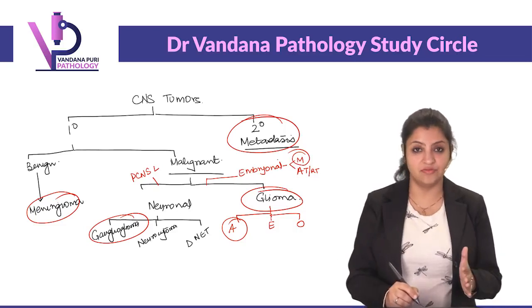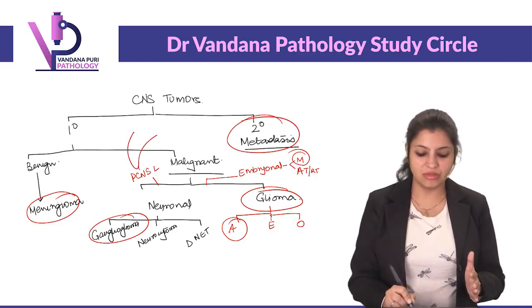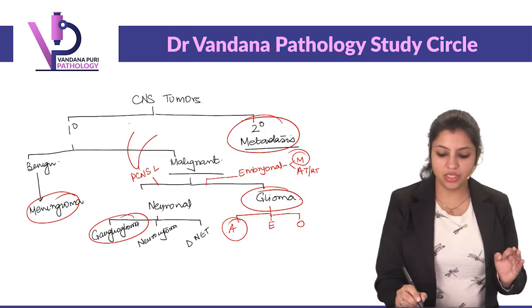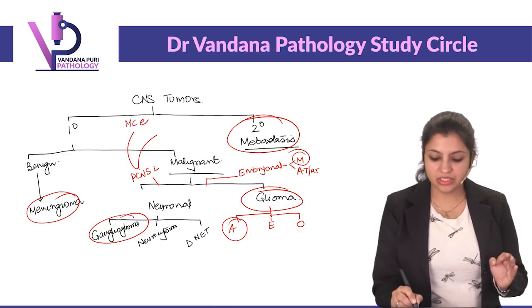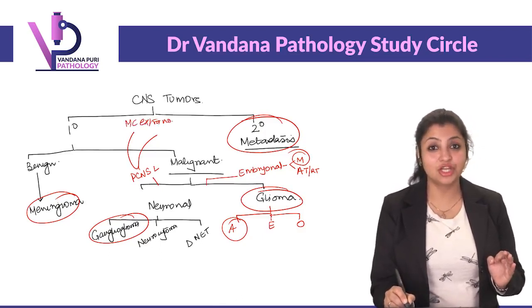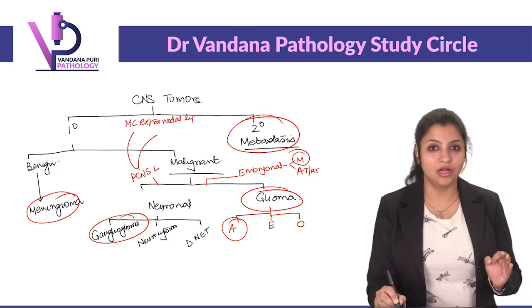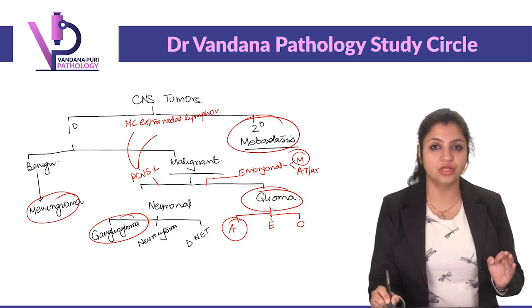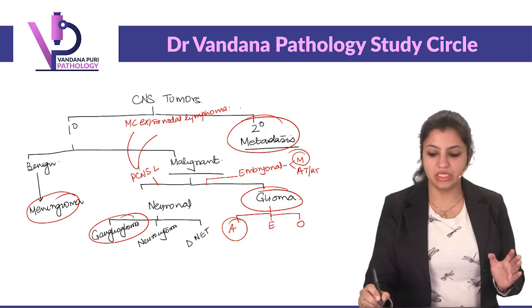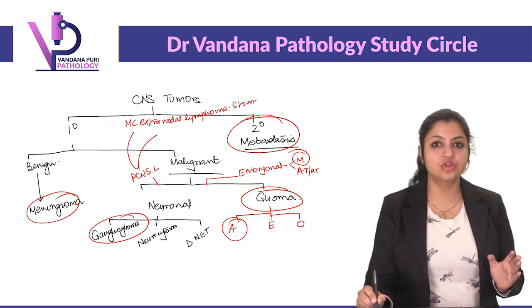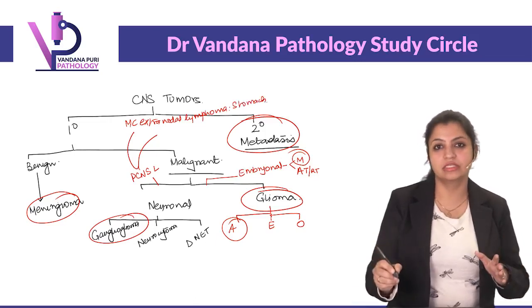And what about CNS lymphoma? Here just remember two points. The most common site of extranodal lymphoma is normally the stomach.